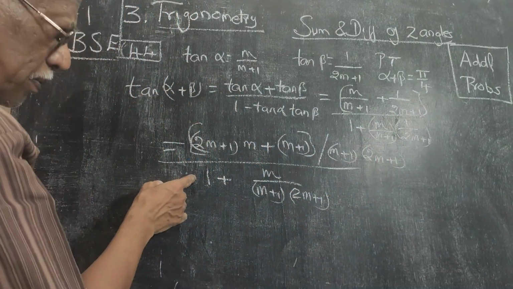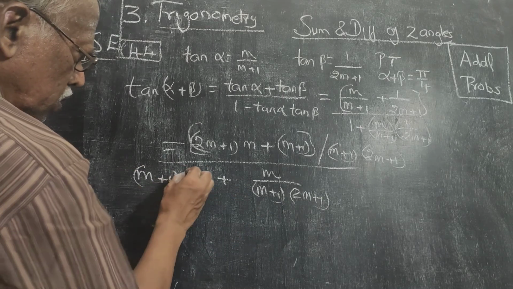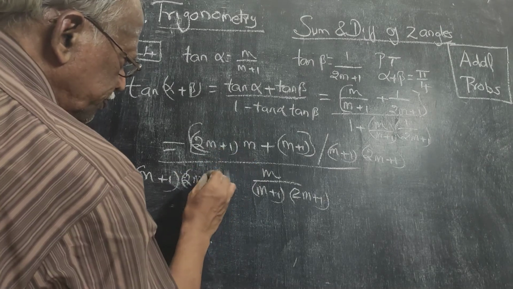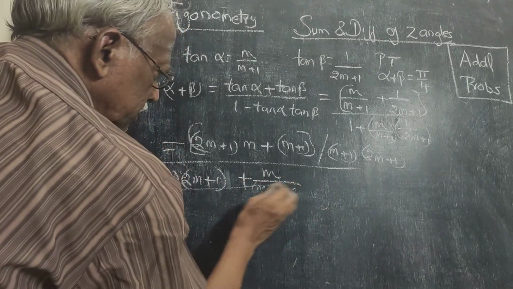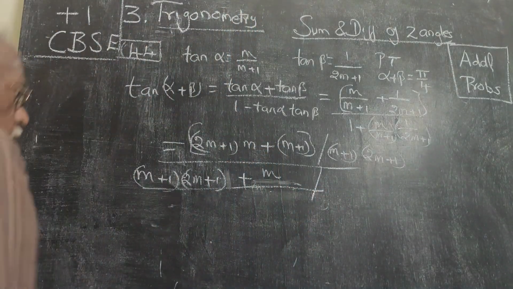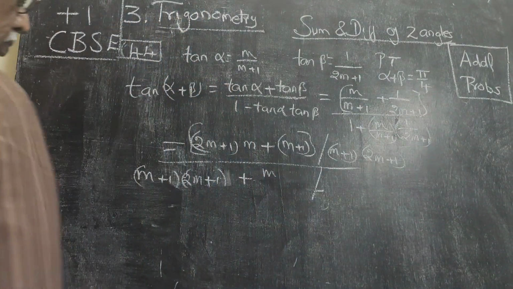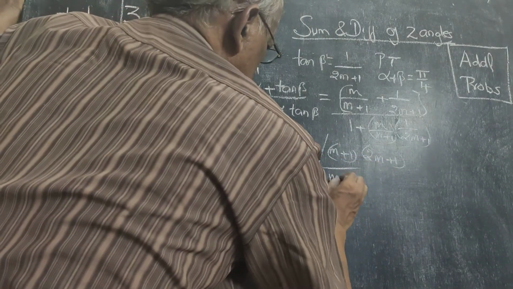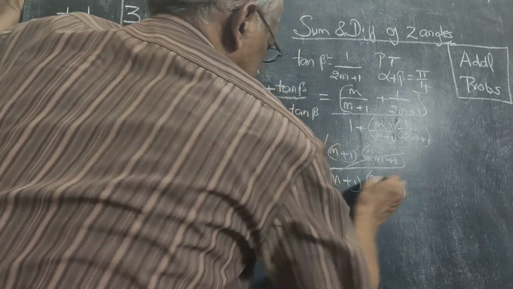Now if you are taking LCM, here you will be getting this m plus 1 and 2m plus 1 minus this. The whole thing is divided by m plus 1 into 2m plus 1. So this can be cancelled.